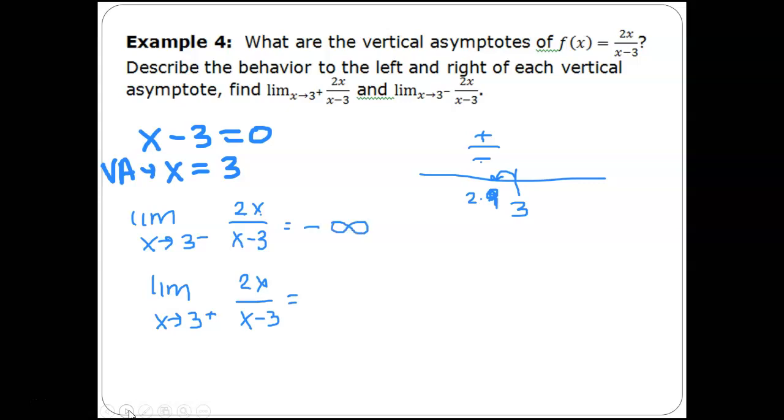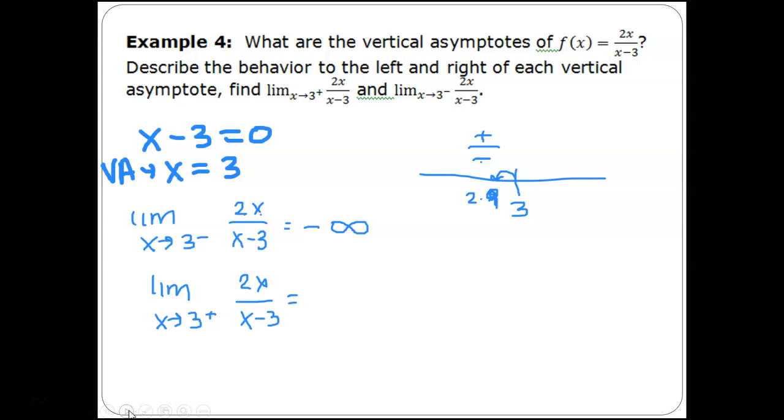We know that the limit's an infinity because we know there's a vertical asymptote. I'm only plugging in that 2.9 to determine if my infinity is positive or negative.